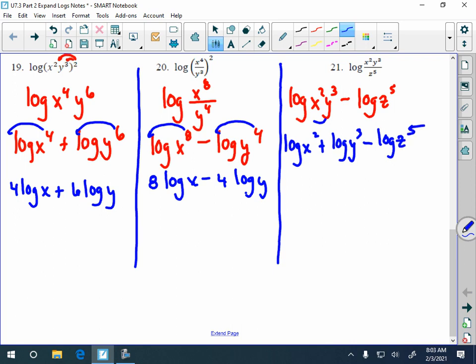We don't have anything else being multiplied. So the last step is bring our exponents down in front. Log z. And that's it. It's expanded all the way. All right, that's it.